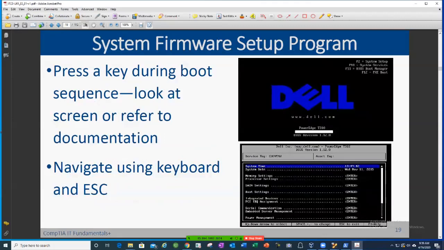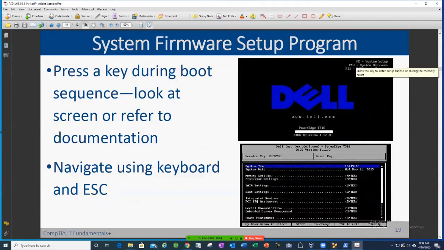So how do you access the BIOS of a computer? Well, it depends, but basically it's by pressing a key during the boot sequence, way before you see the operating system. If you see Windows, then it's too late. You have to start all over again. If you look carefully on the screen, a lot of computers will display the key. Notice how most Dells you enter by pressing the F2 key.